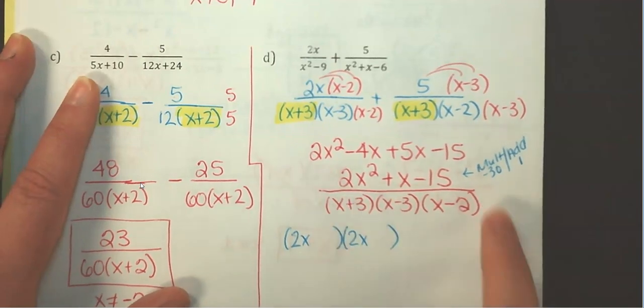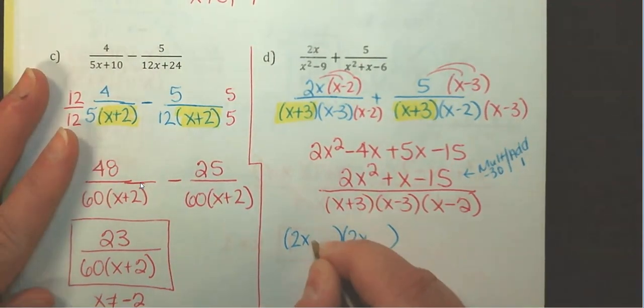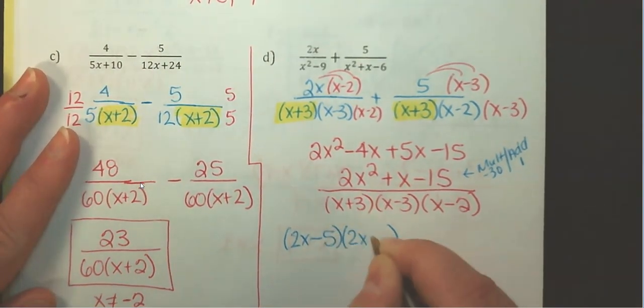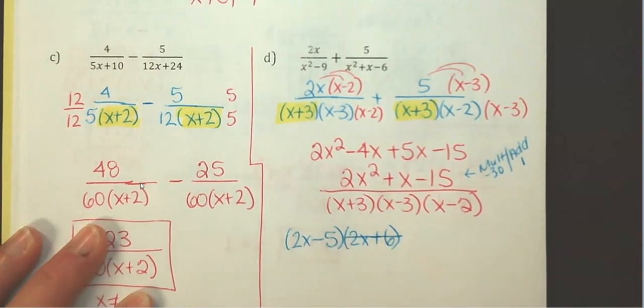So the factored form of that, multiply to get negative 30, add to get 1. I'm going to use 5 and 6. It has to be a negative 5 and a positive 6. Those will multiply to get you negative 30, but add up to get you 1. This guy is not the real factor because those are both divisible by 2. Sorry, I did not leave enough space to do this.